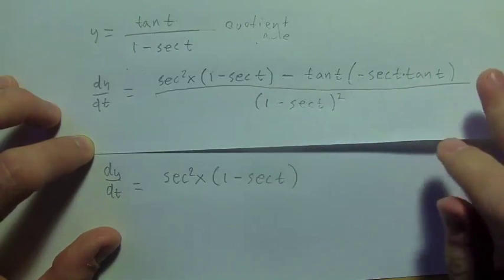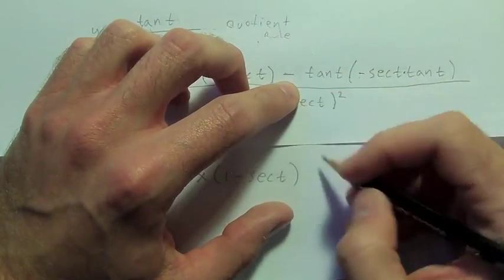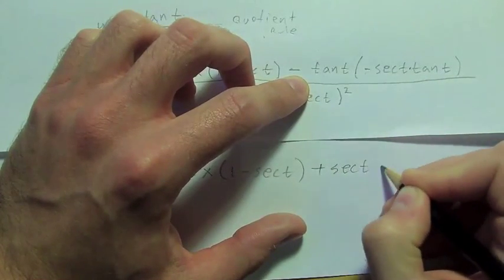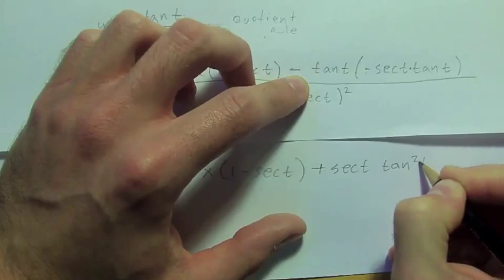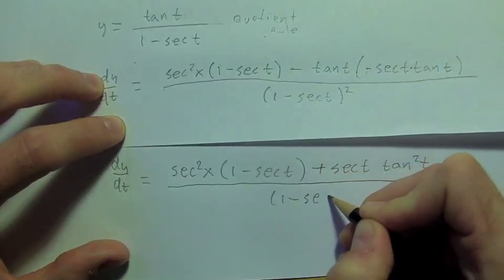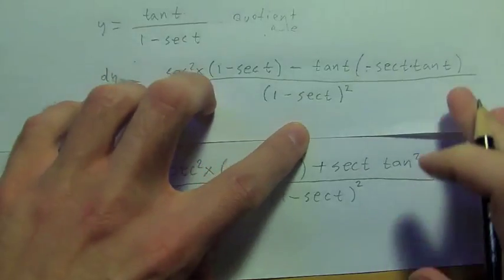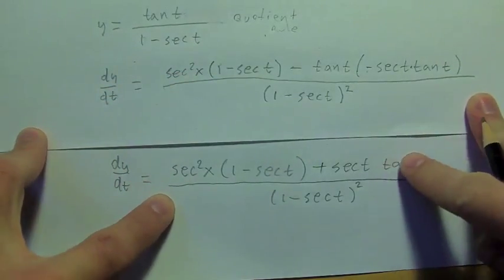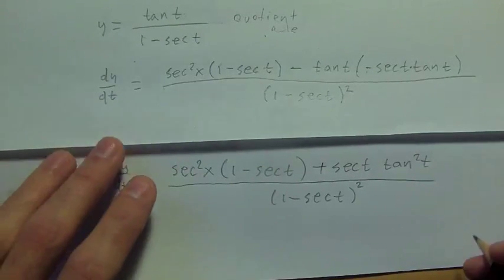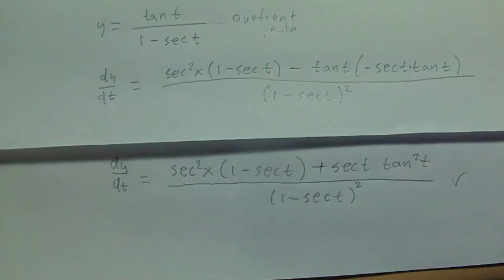But what I would do is change this to a plus, since I have a minus minus, and then say that this is secant t tangent squared t, all over 1 minus secant t squared. That just looks a lot better. You could factor out a secant and do some other things, but I think this is fine right here. All right. Okay, let's look at another example.